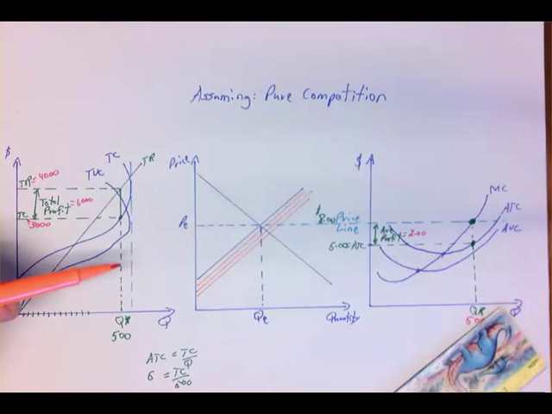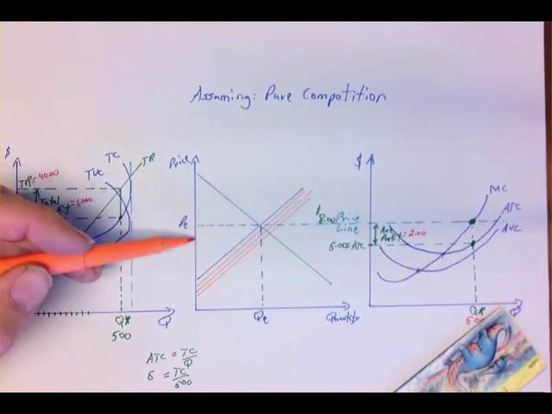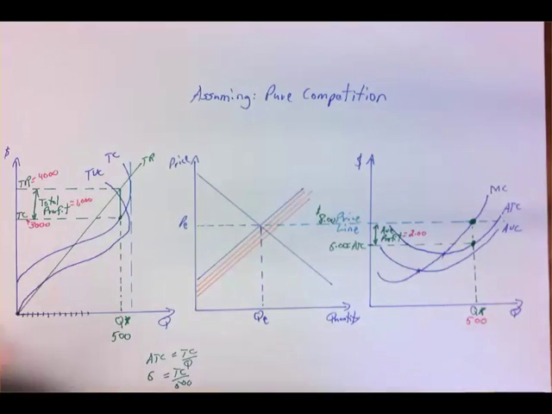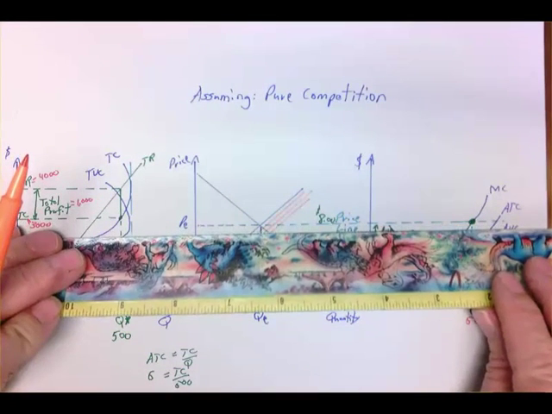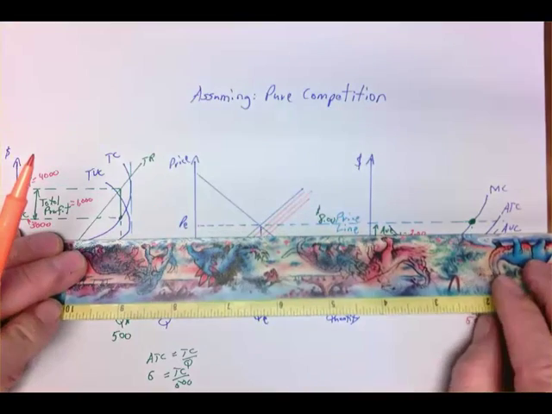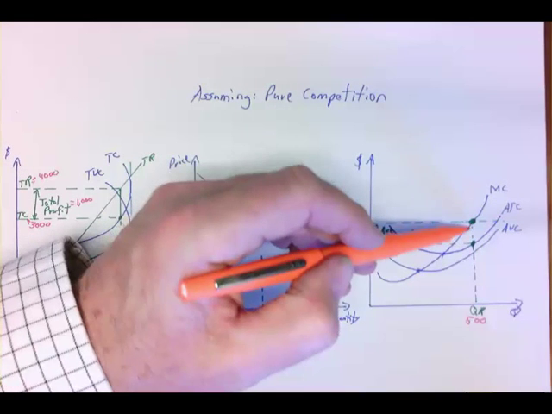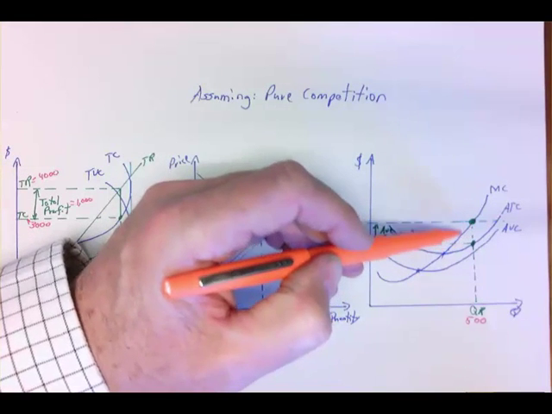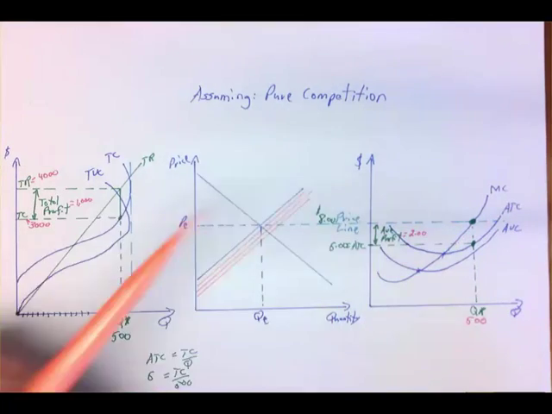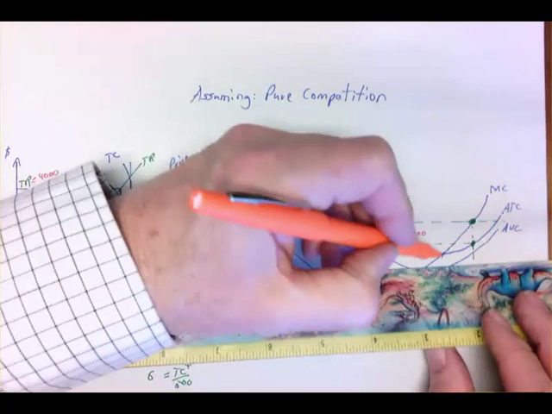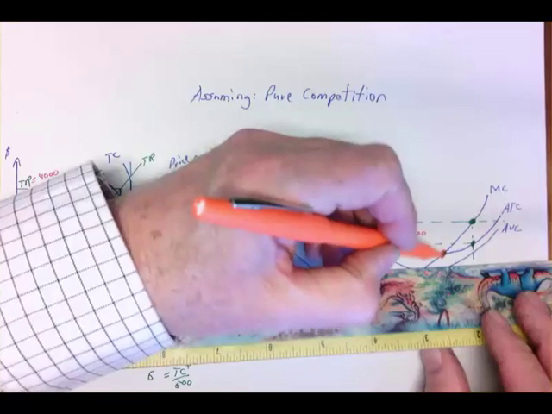And as they do, they will drive the price down. Now, as the price gets driven down, this price line right here is going to edge down, down, down, and you can see that Q star is going to back up along this marginal cost curve because the price line is going to hit at lower and lower places on the marginal cost curve until we finally get all the way to here, and then it will stop.